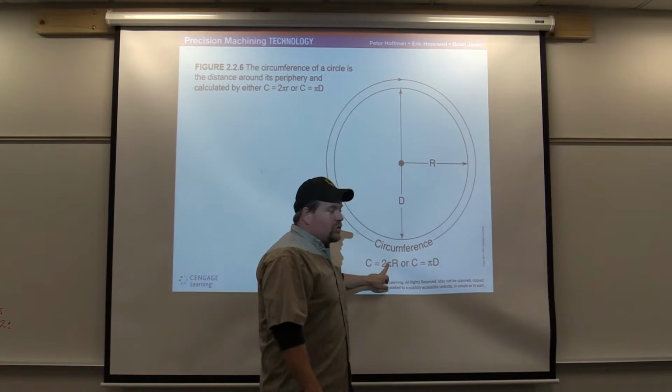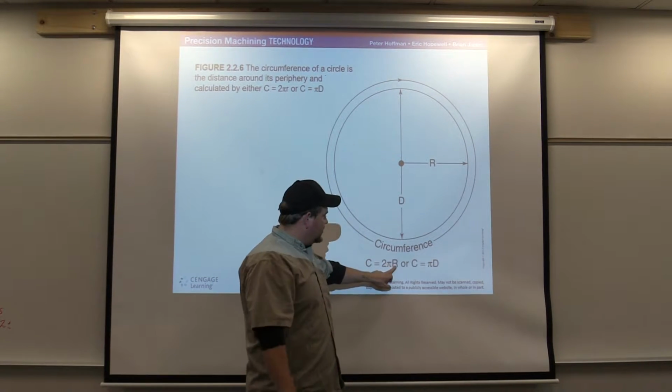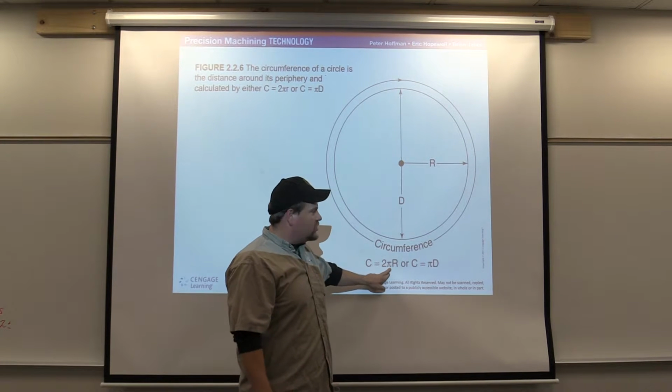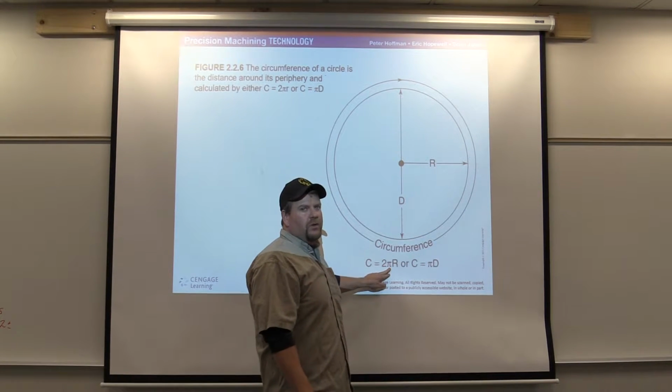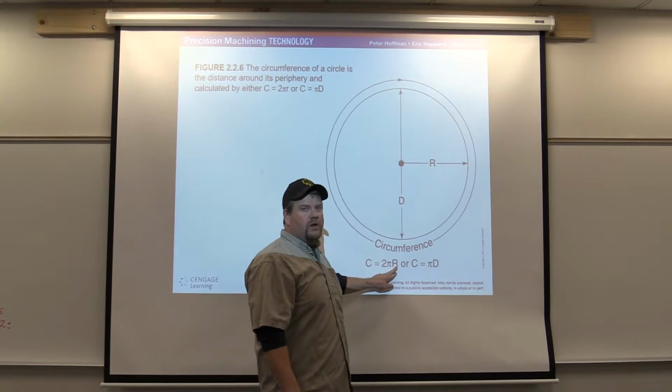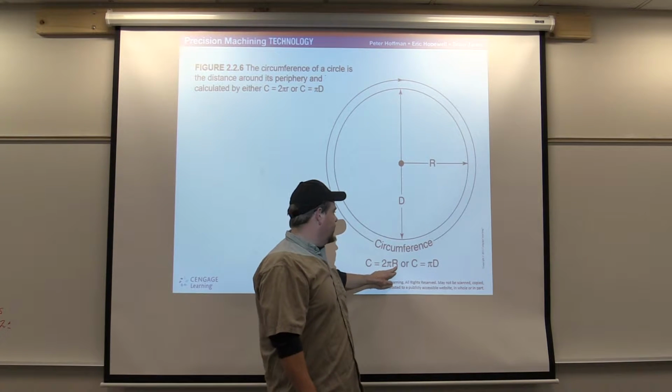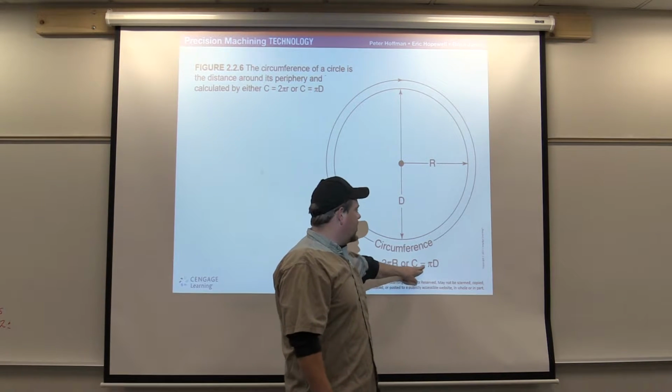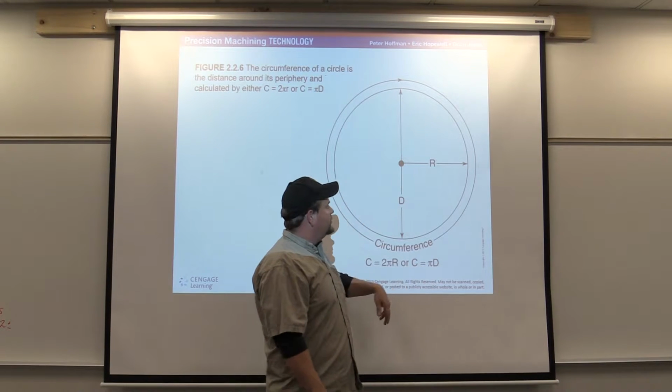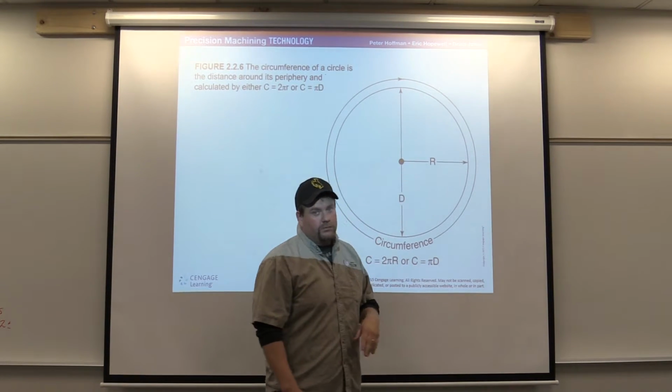However, pi is 3.14. So if this was 1, take 2 times 3.14, so we're at 6.28 times 1, 6.28. Or your circumference is equal to pi times your diameter, okay?